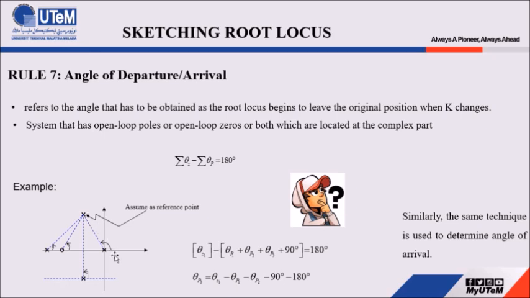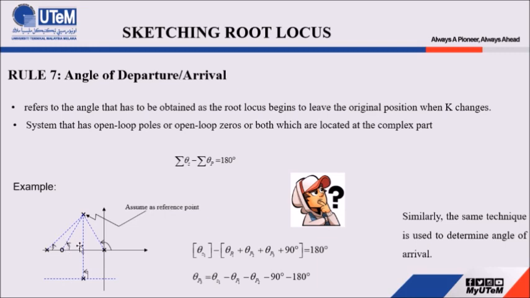From here we can calculate the value of theta. This one we call theta 1. And next, for the line parallel with this real axis, this angle is automatically 90 degrees.